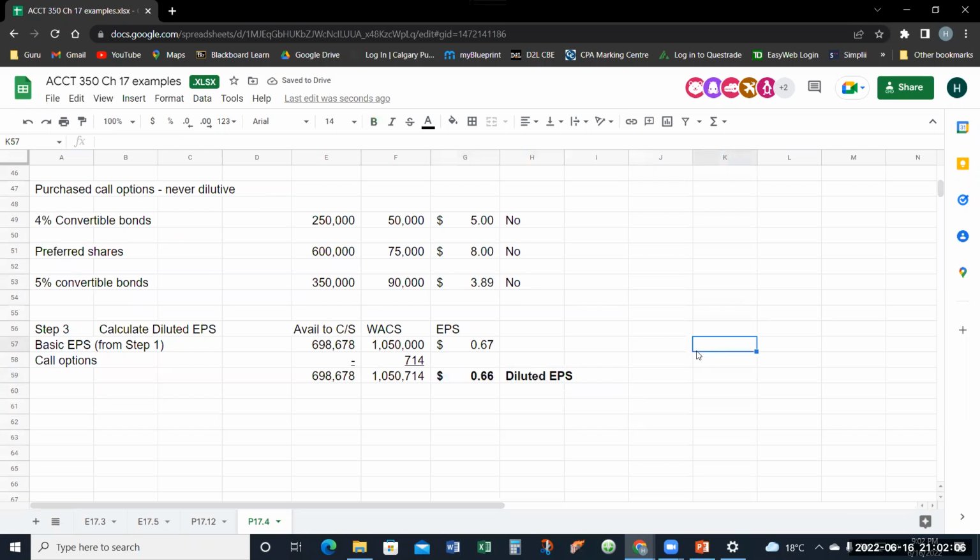So why did I do this example? It seems like a lot of work, but a lot of those securities end up being non-dilutive. Now, on an exam, you will see a mix of it, right? There'll be something that's dilutive. There's something that's not dilutive. So what is being tested there is your understanding of what dilution really means.